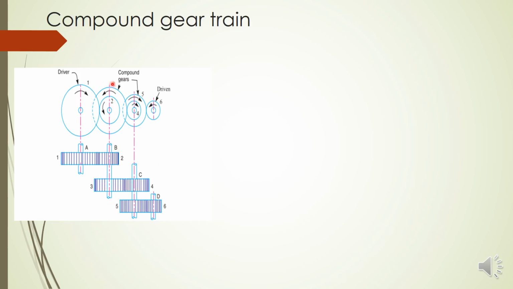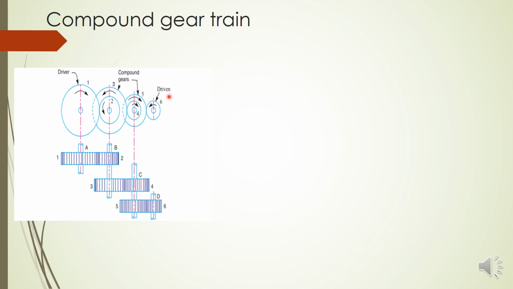In this figure also you can see shaft B is at the center of this hole. It has two gears in different locations, that is 2 and 3. Similarly, shaft C also has two gears, 4 and 5.